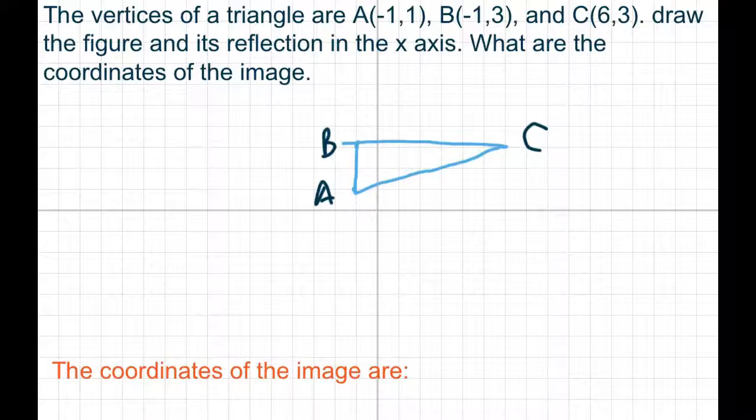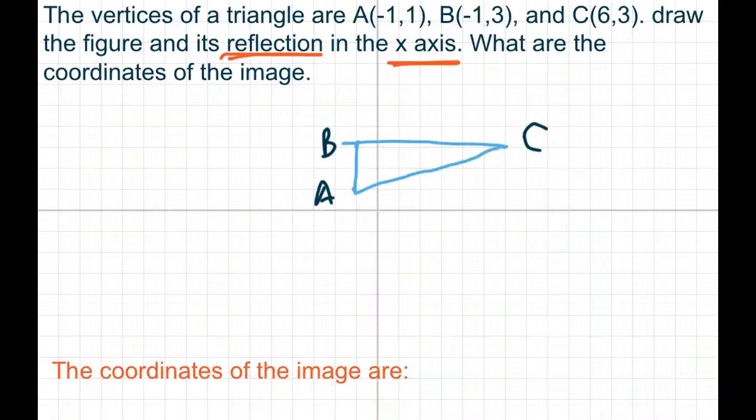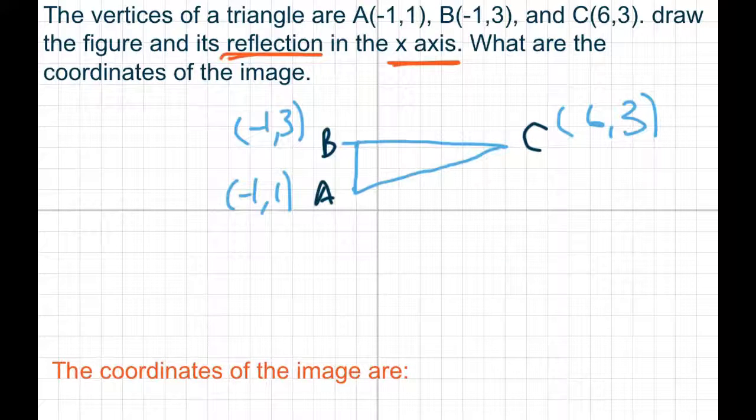So, remember that to reflect something across the x-axis, we take the opposite of the y. So, for each y value, we're going to take the negative of it. So, our 3 would change to a -3, our 1 would change to a -1, and our other 3 would change to a -3.